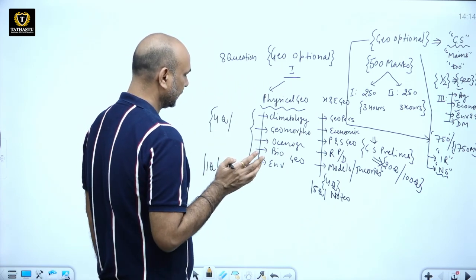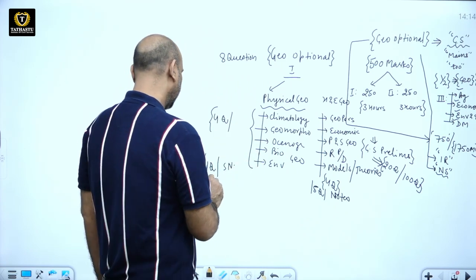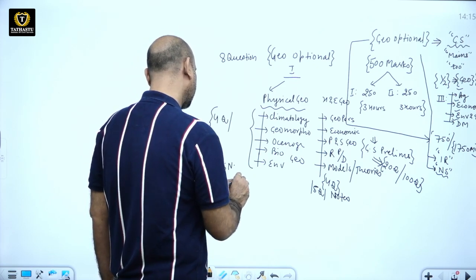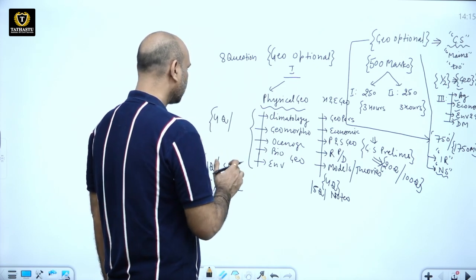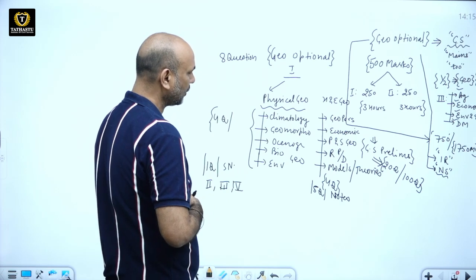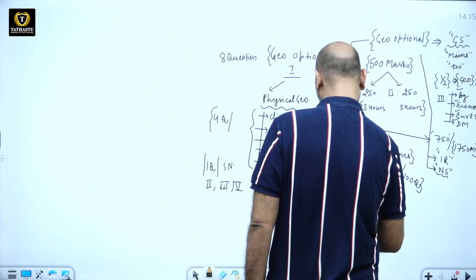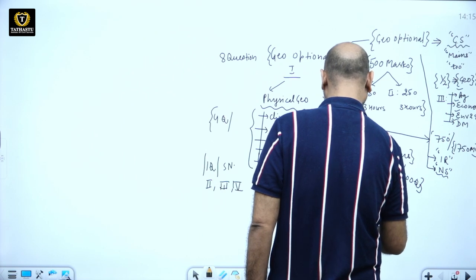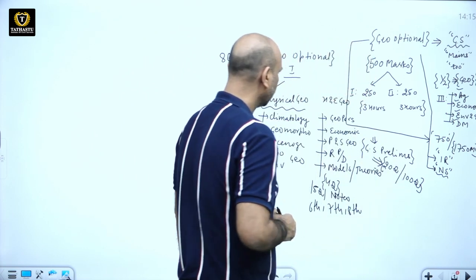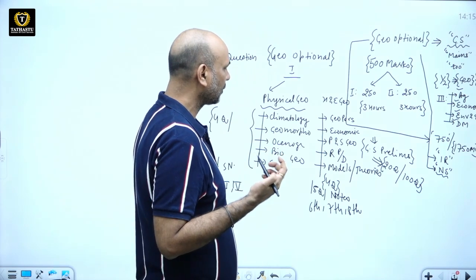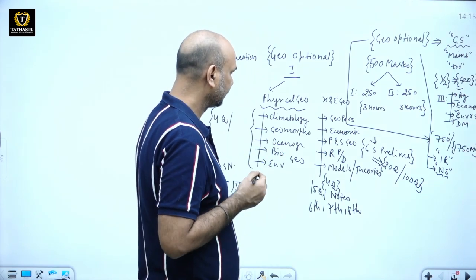These are compulsory. Then we have the second, third, and fourth questions from the first section of physical geography, and then sixth, seventh, and eighth from human and economic geography, that is the second section of the geography optional first paper.